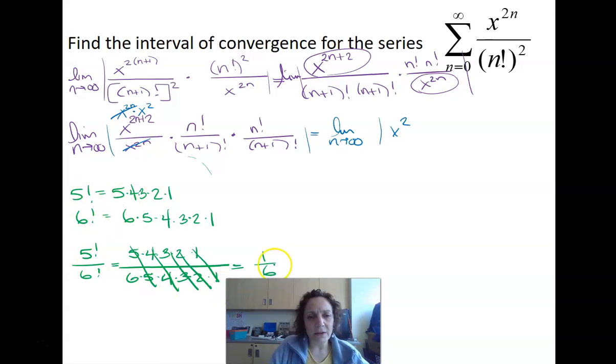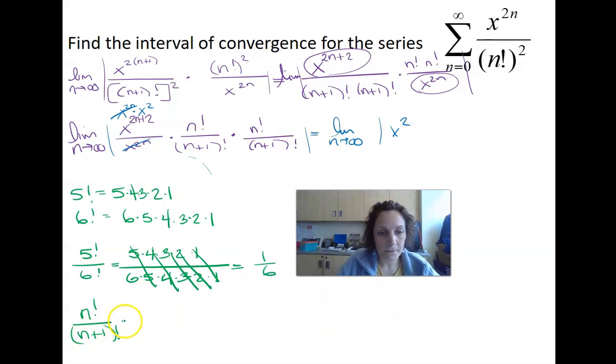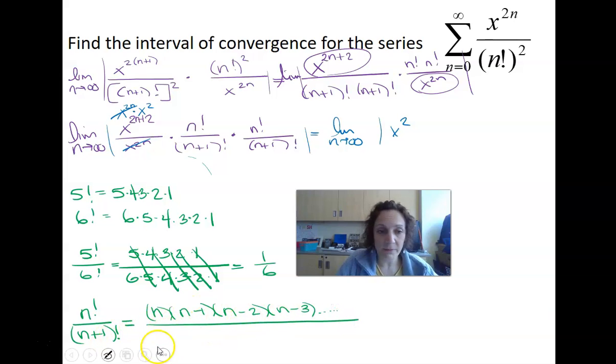So if you think about this in more general terms, this is what I have. I have an n factorial, and then on the bottom I have 1 more than that factorial. Think about what you're going to end up with. N factorial can be expressed as n times all the numbers that came before it. So generically, that would be n minus 1, and then the number before that was n minus 2, and the number before that was n minus 3, and so on. I can do the same thing with n plus 1 factorial.